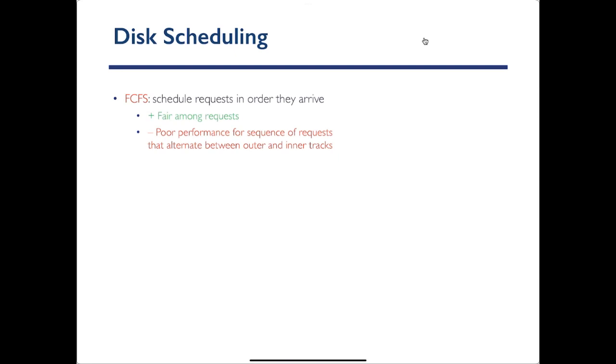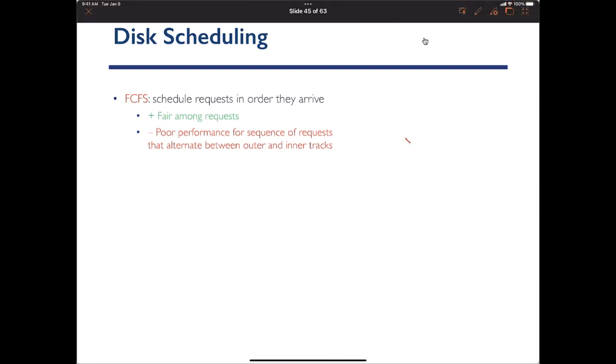Now, unfortunately, this is not good in terms of performance. Let's say this is your disk, and let's say your first request is in an outer circle, and then you get another request in an inner circle, and then another request in an outer track, and then another one here in the inner tracks.